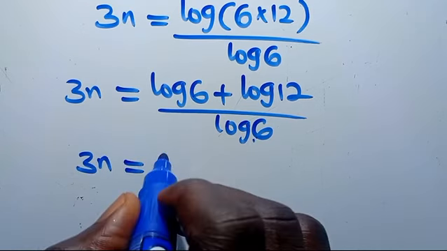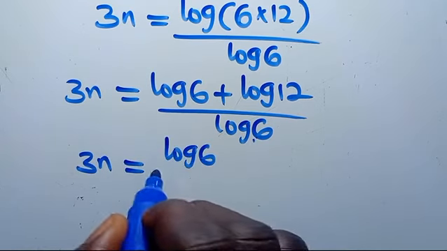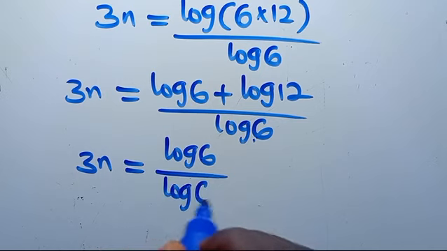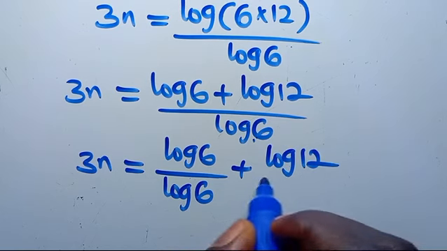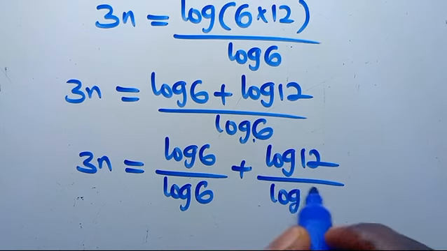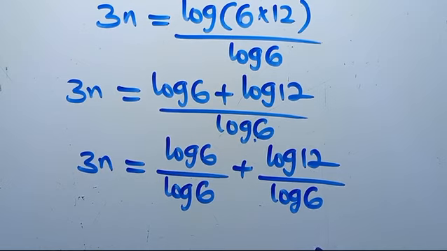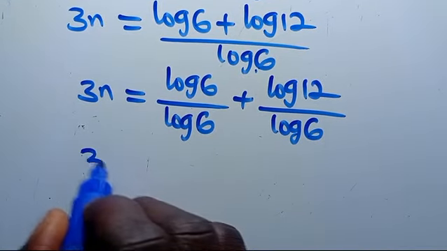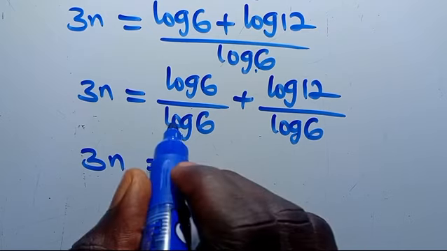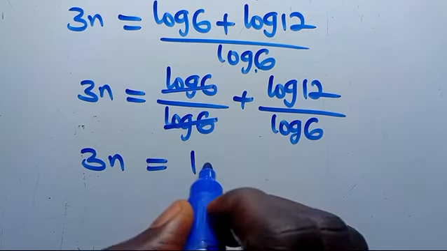3n, this divided by this will be log 6 over log 6 plus log 12 over log 6. Now we have 3n, log 6 divided by log 6 will be 1.